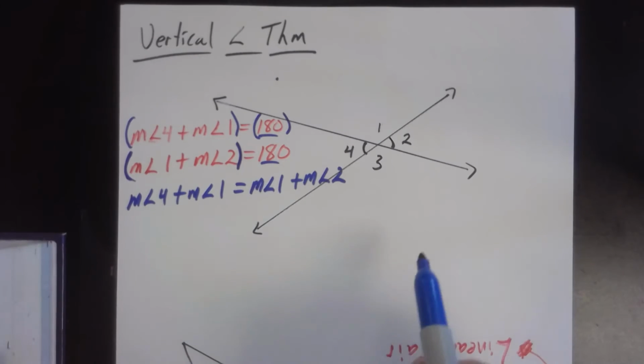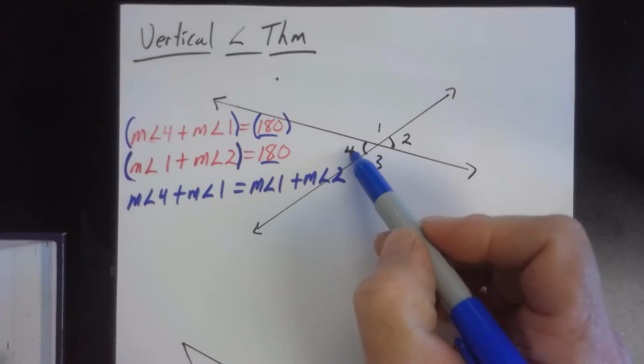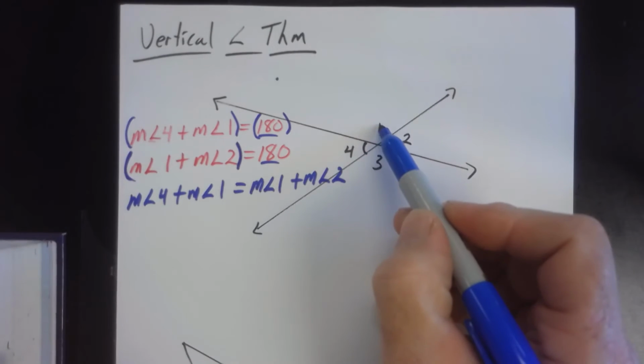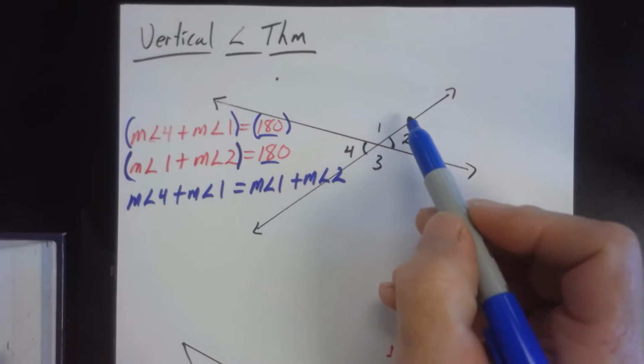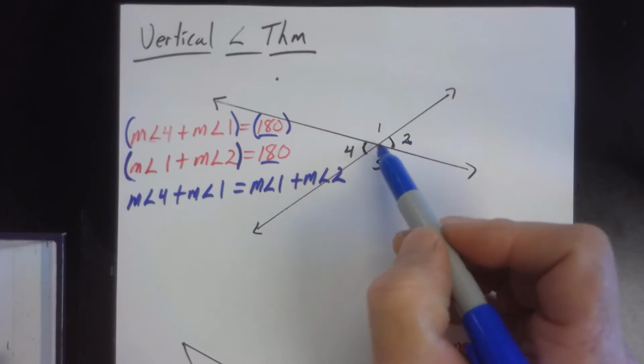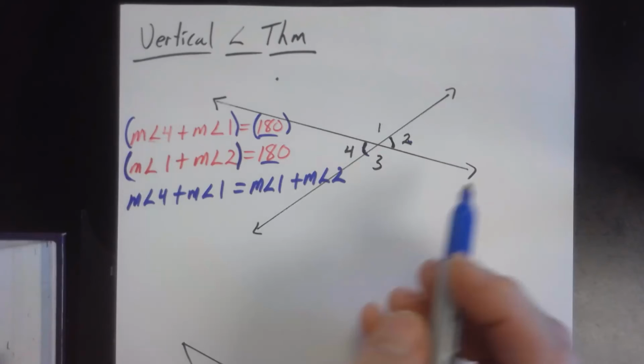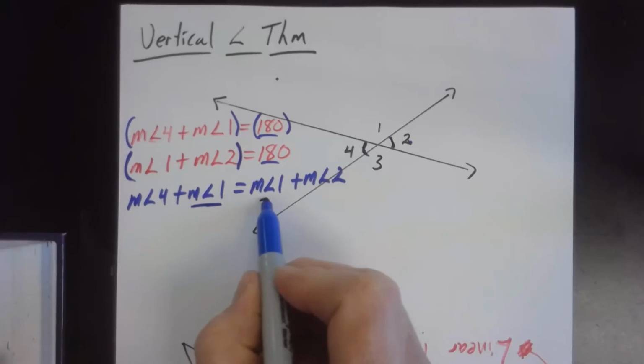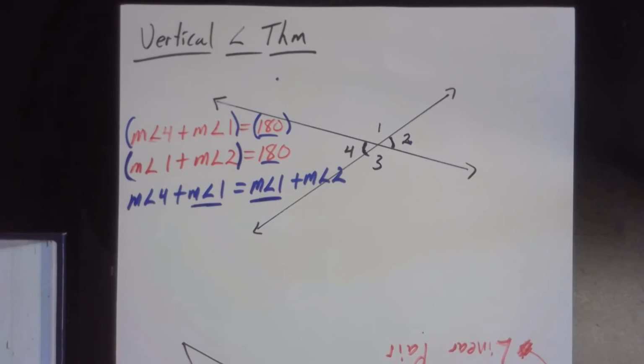Now I'm trying to show that angle 4 and angle 2, those two vertical angles, are congruent. I just want you to notice right here and right here, the measure of angle 1 is just some number, isn't it? Can't I subtract that number from both sides of this equal sign?